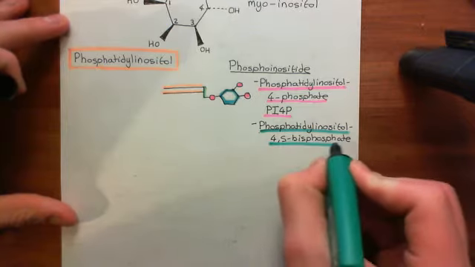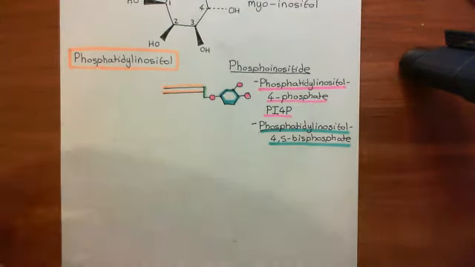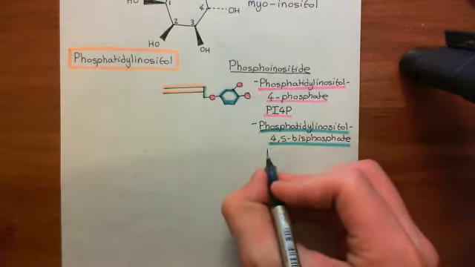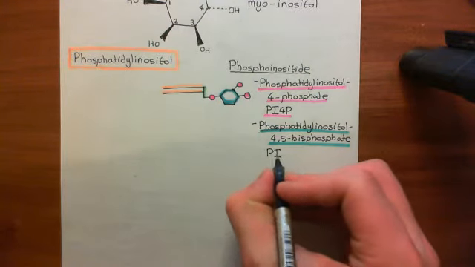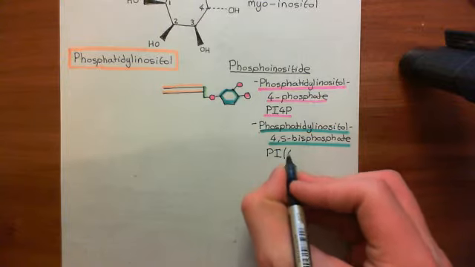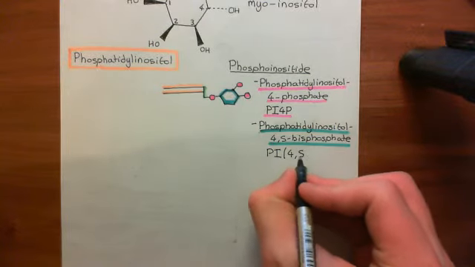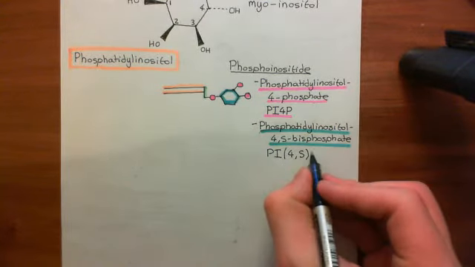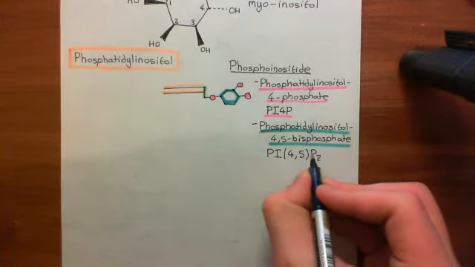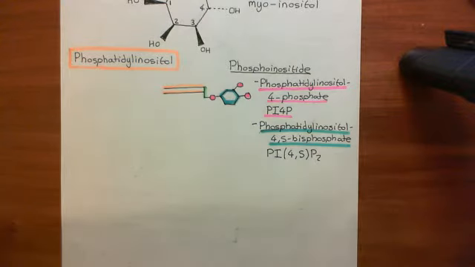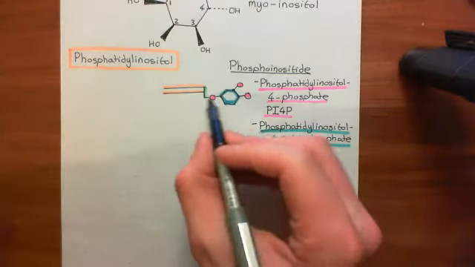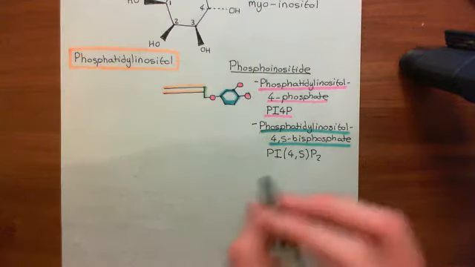Now, the strict abbreviation for phosphatidylinositol 4,5-bisphosphate is PI for phosphatidylinositol, and then we put brackets 4,5, and then we put P2. So this shows us that we've got two phosphate groups coming off the fourth and the fifth carbons of the inositol ring within the phosphatidylinositol.